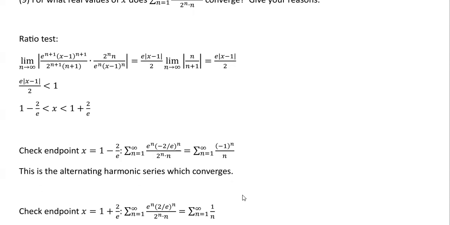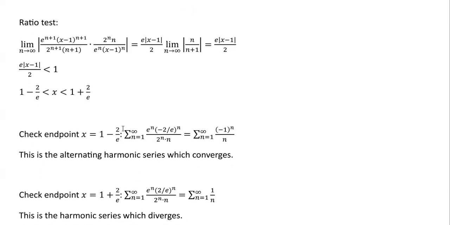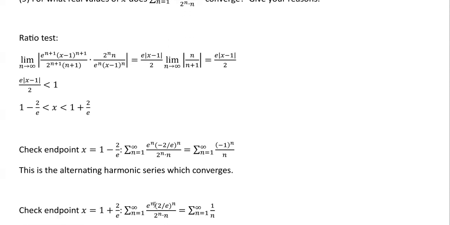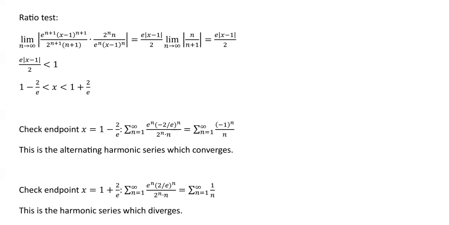Okay. Now we check the other endpoint, 1 plus 2 over e. We plug that into x up here. You would start simplifying. So again, e to n divided by e to n, that will cancel. 2 to n divided by 2 to n, that will cancel, right? So you're left with 1 over n. What series is this? This is the harmonic series, which diverges, or a p series with p equals 1, which diverges.